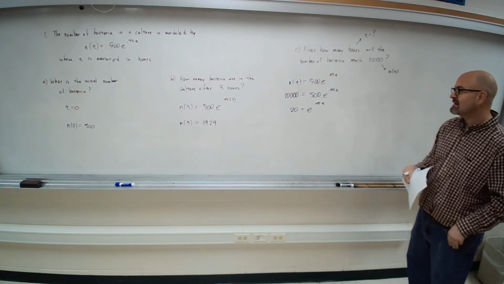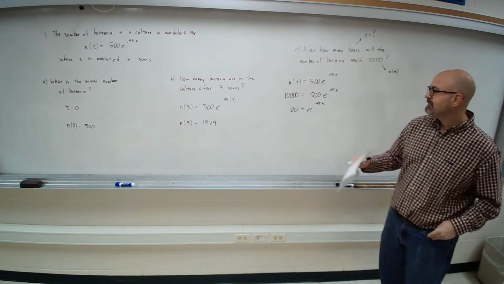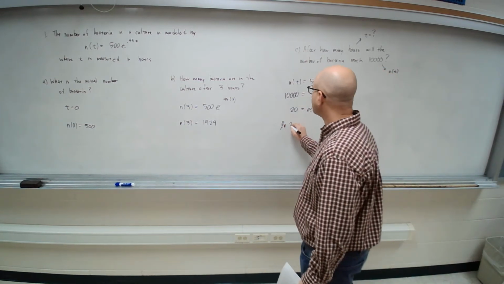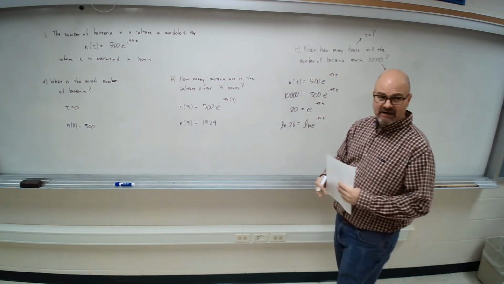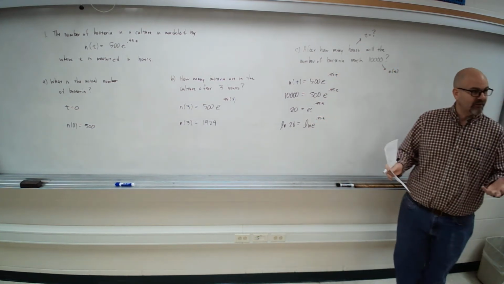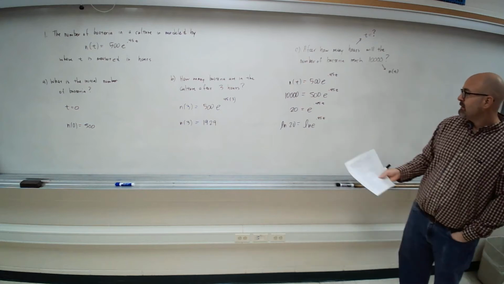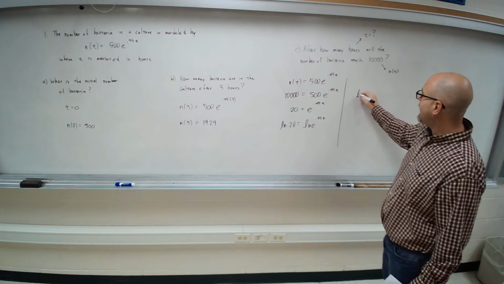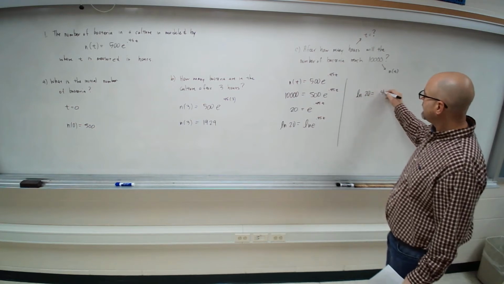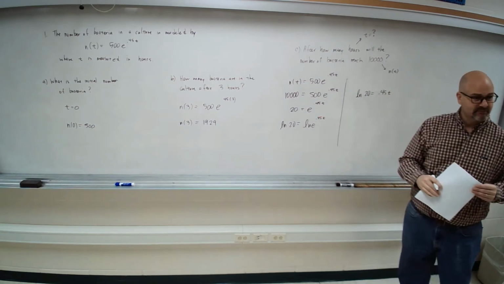It seems like more things I could goof up, so I like natural logs. So we'll take the natural log of each side, and here you should use natural log because we have a base of e. Anything else is going to be a lot of extra work. So we do this, and now we get that the natural log of 20 equals 0.45 t.